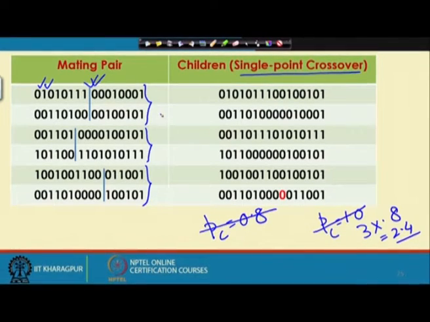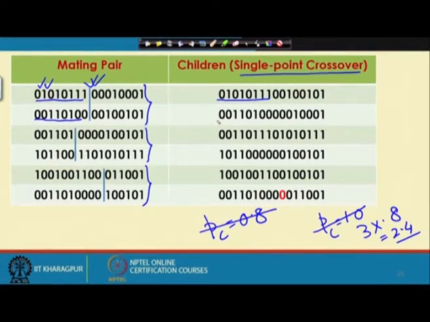Now, supposing that for the first mating pair, the crossover site has been selected here, and this is a single point crossover, and whatever bits are lying on the left hand side of this particular crossover site, those will remain intact here, like 0 1 0 1 0 1 1 1 0 1 0 1 0 1 1 1. So, up to this is kept intact.